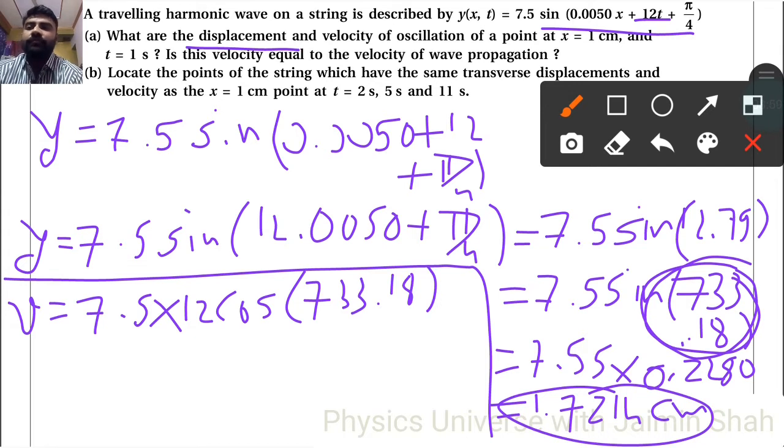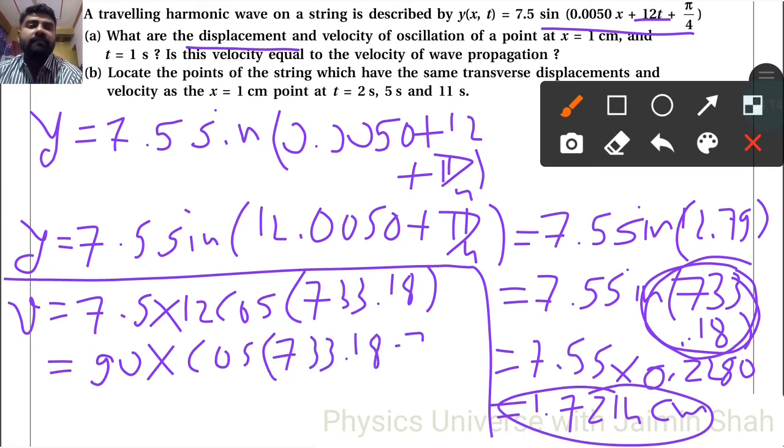So 7.5 into 12, that is 90, into cos of 733.18 minus 720, that is 13.18. So 90 into cos 13.18.